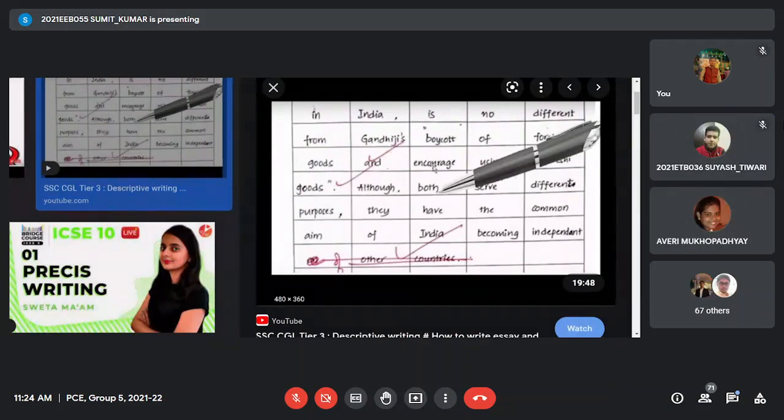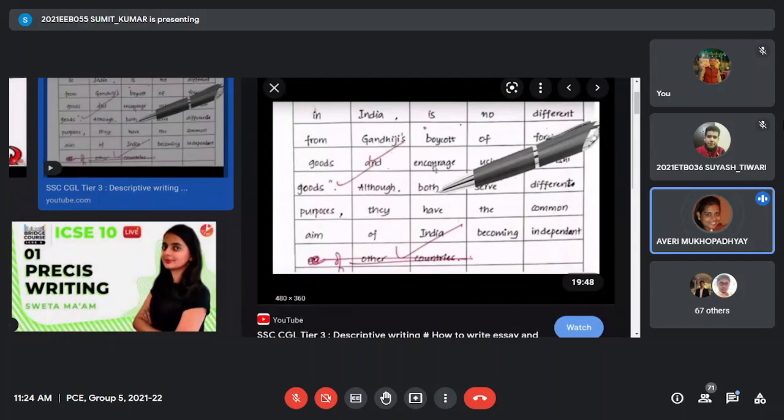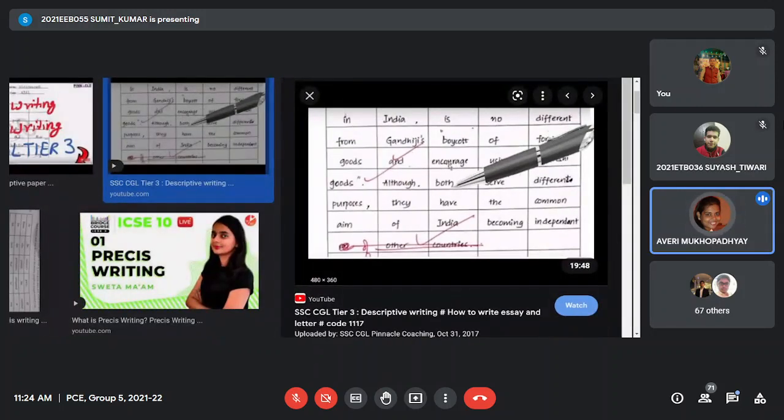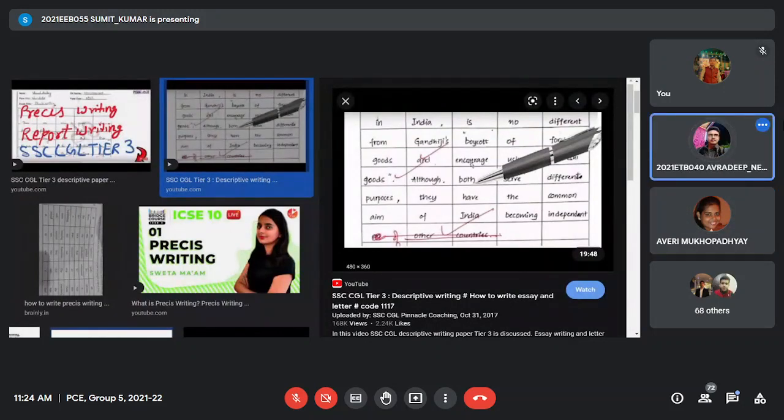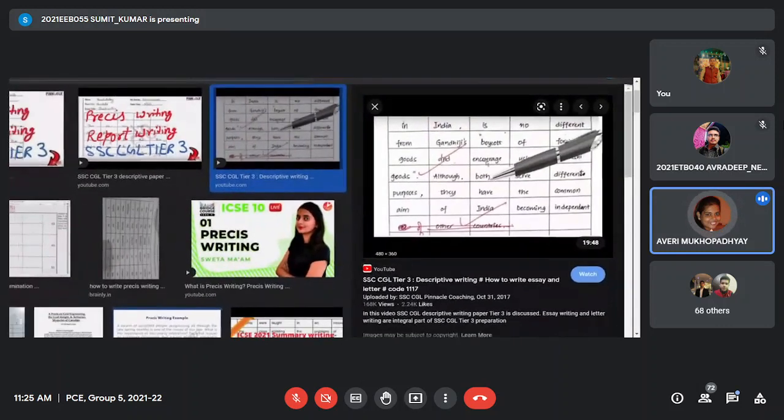Okay, fine. So, do you see the rows and columns towards the corner in SSC CGL Tier 3, with the pen mark over there in the screen? Yes, ma'am. That is what I was saying, the grid where you draw the columns and the rows.